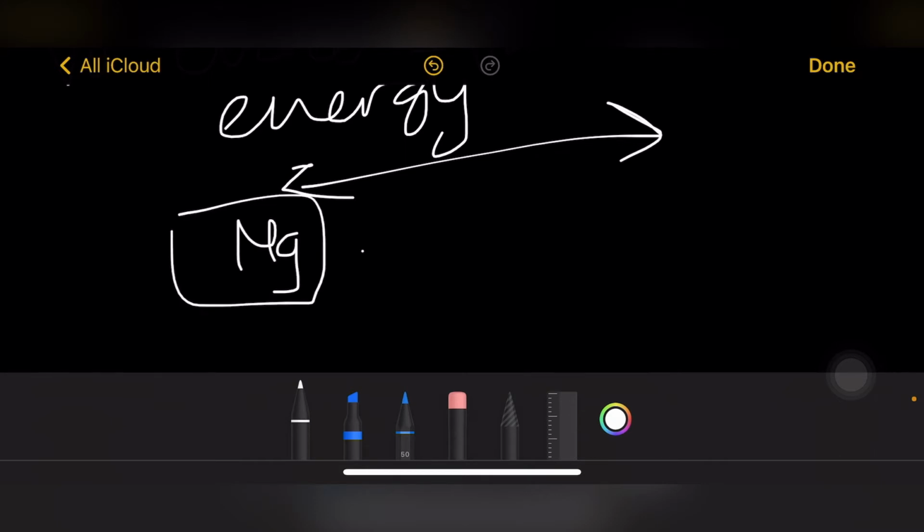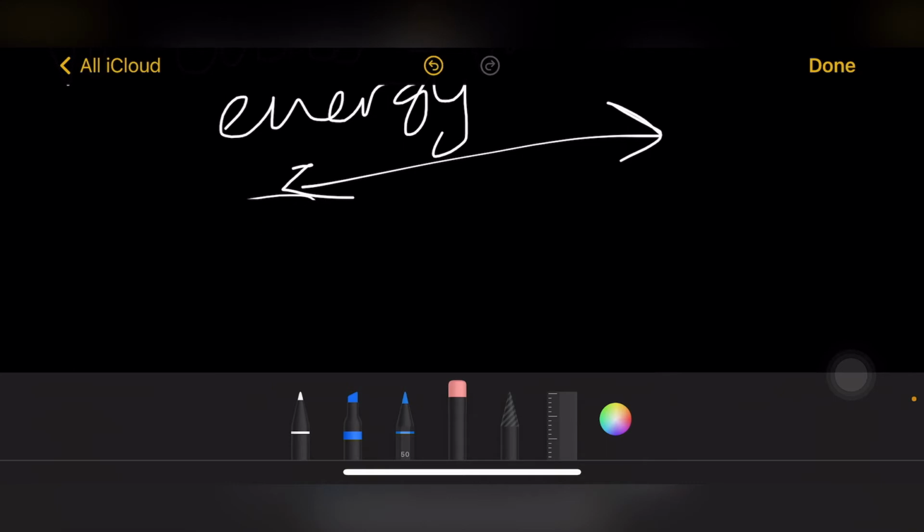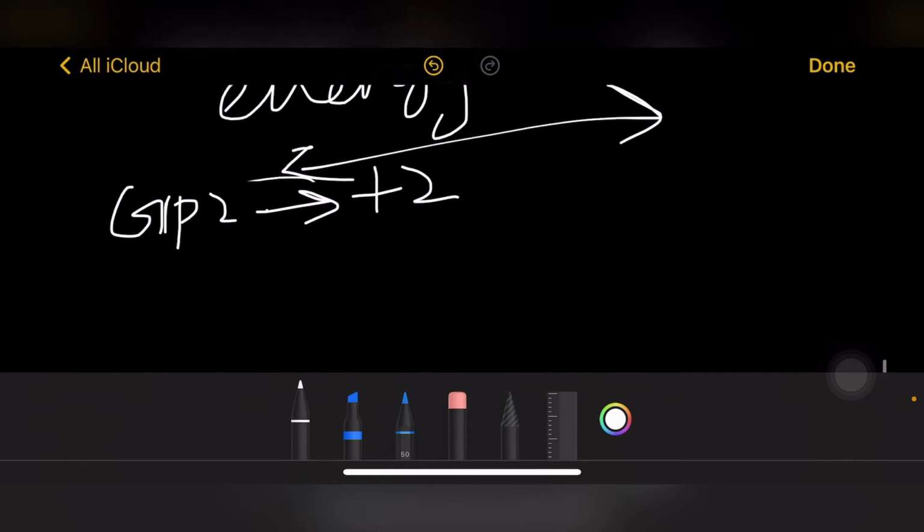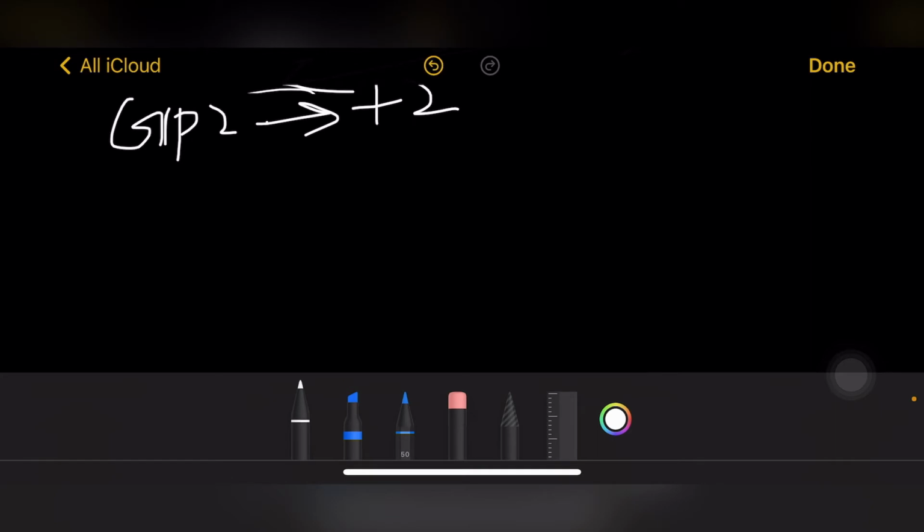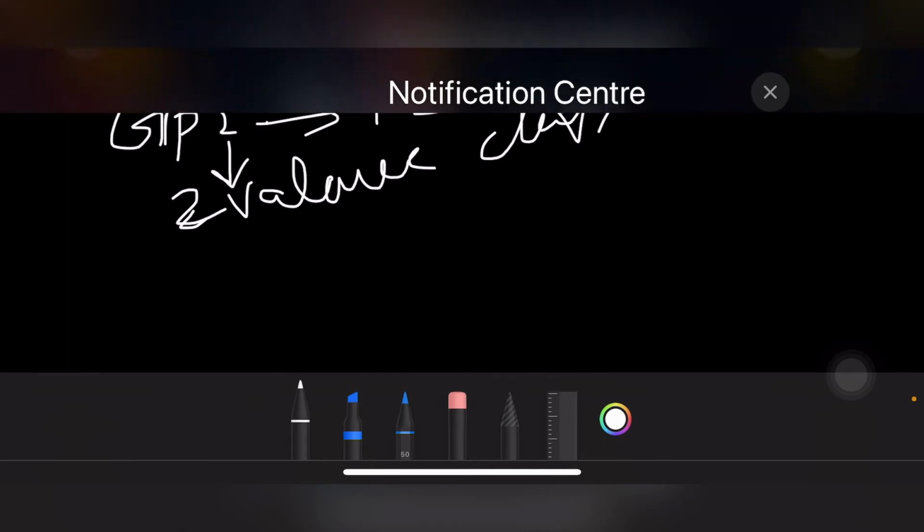So basically it belongs to group 2, we know that, right? So it has a +2 charge, which means it belongs to group 2, which means it has 2 valence electrons, right?